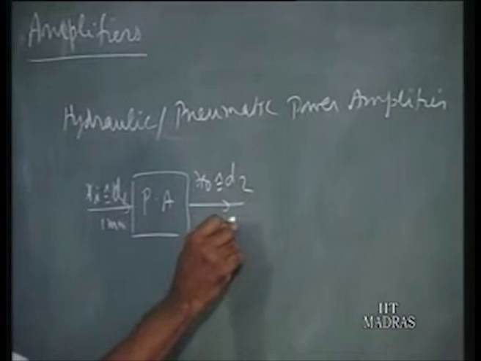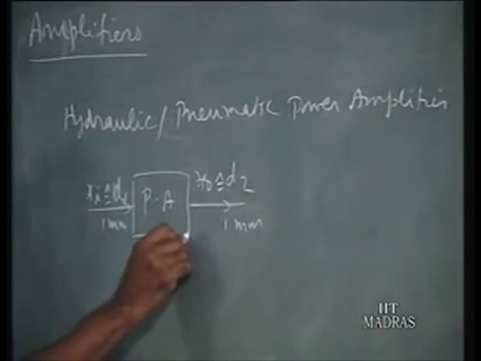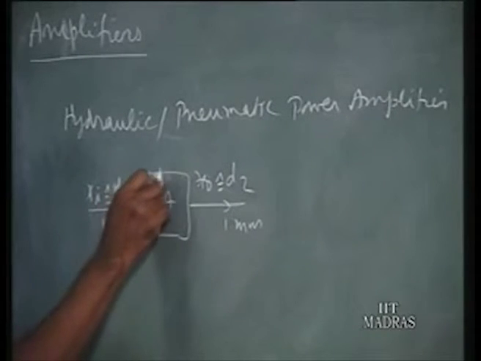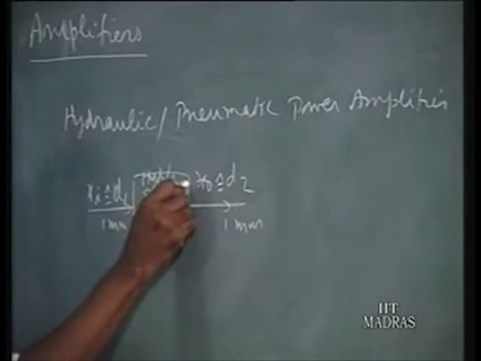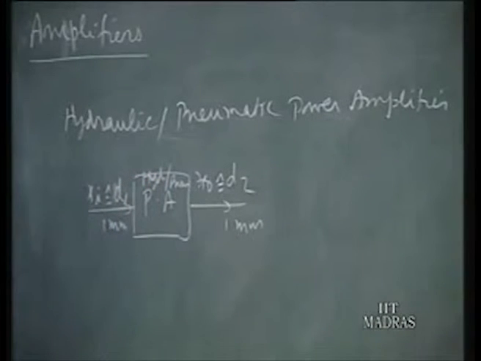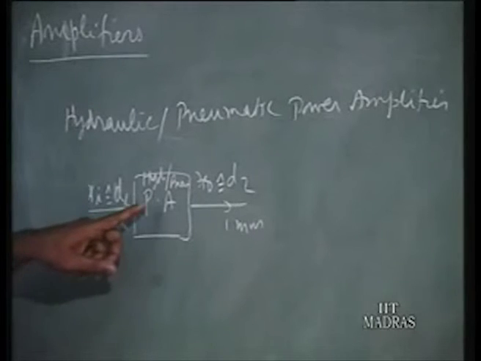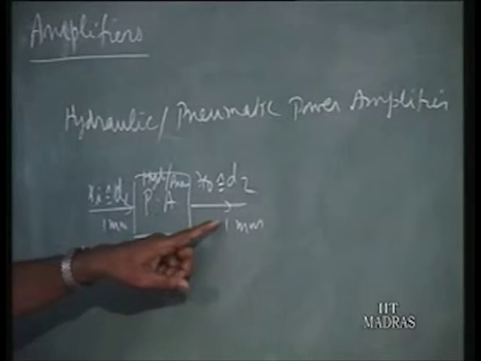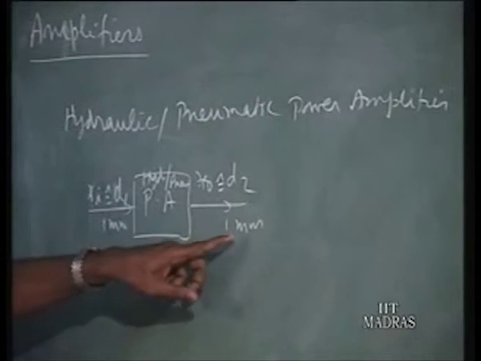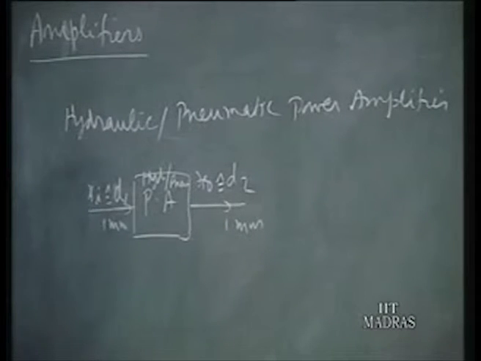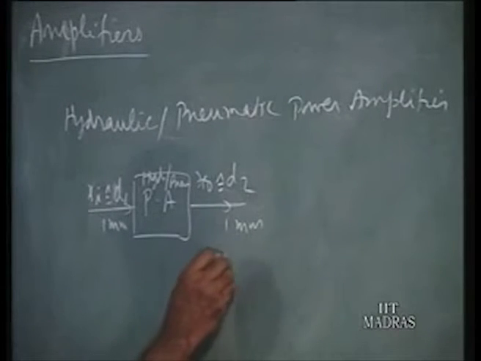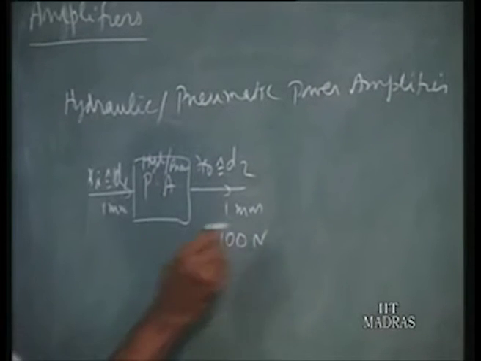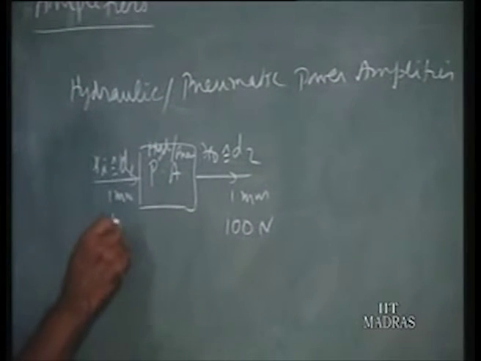This also may be 1 mm, but it comes from the hydraulic or pneumatic power amplifier. Suppose we give this 1 mm input signal to the hydraulic power amplifier, it gives rise again to 1 mm displacement, but the force accompanying this displacement will be of the order of, say, 100 Newton. Here it is of the order of 0.1 Newton.